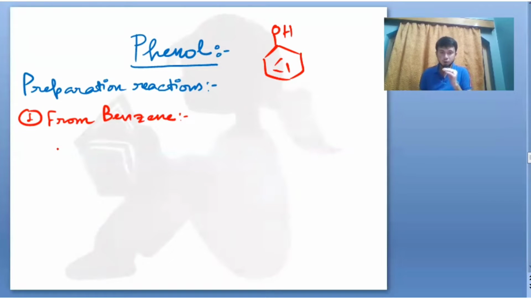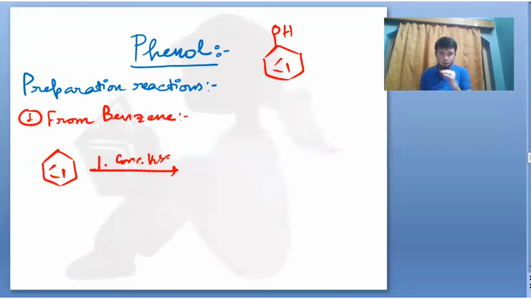If we want to prepare it from benzene, in the first step we have to give this reagent, that is concentrated H2SO4, at 100 to 120 degrees Celsius. If we give it, what does it give us?